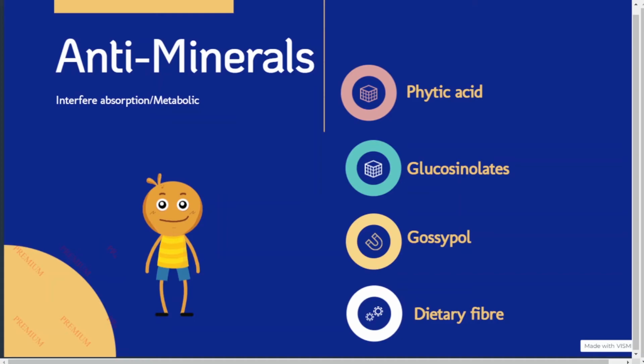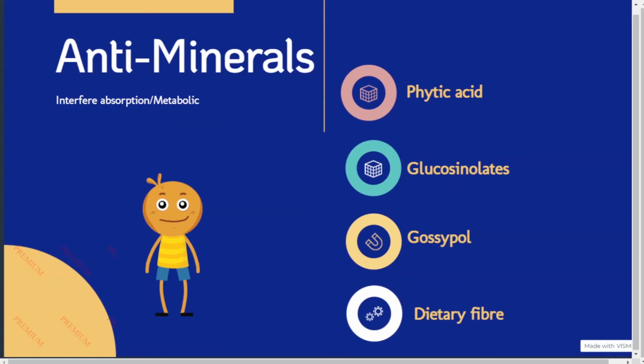These glucosinolates are found in turnip, rutabaga, cabbage, strawberries, and peach. Okay, and coming to gossypol. If you are from an agriculture background, you might know that gossypol is from cotton.